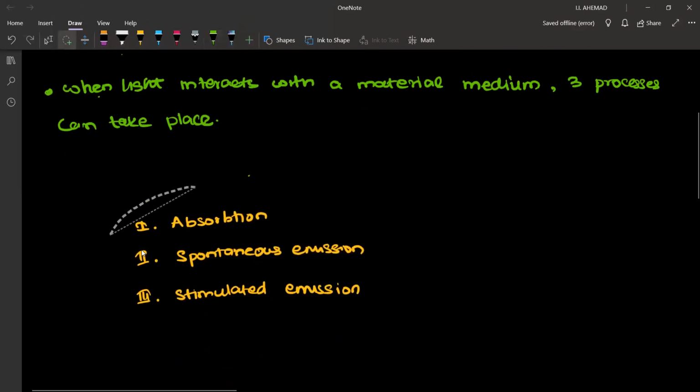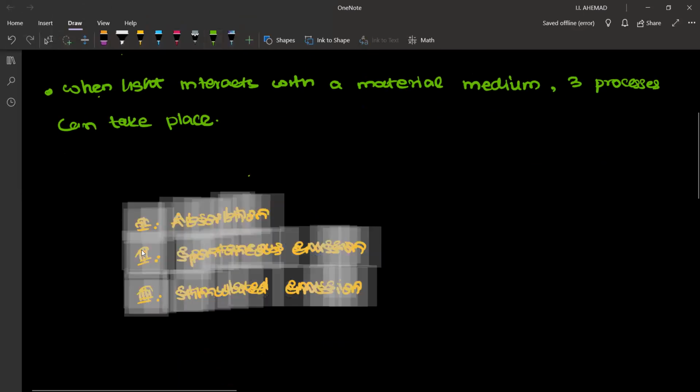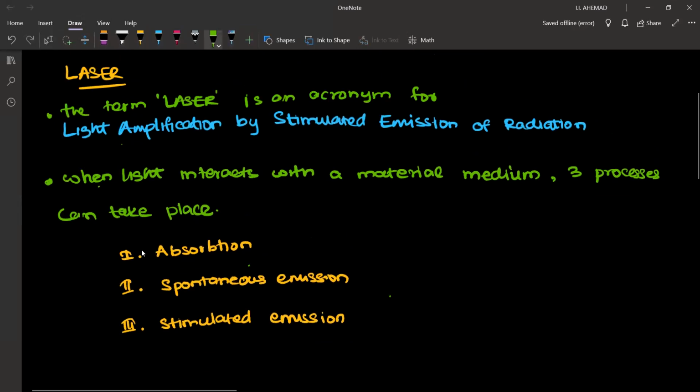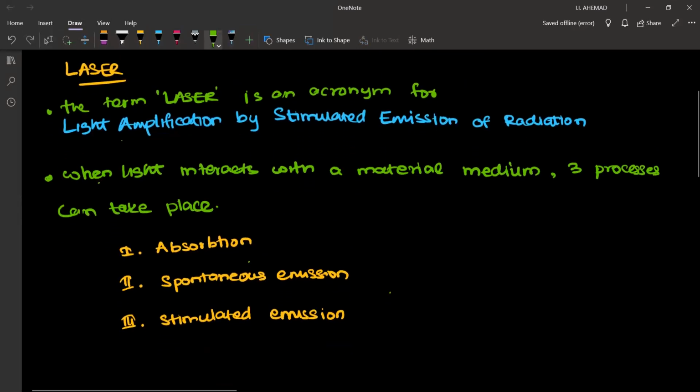So these are the three processes that can take place. Noted.